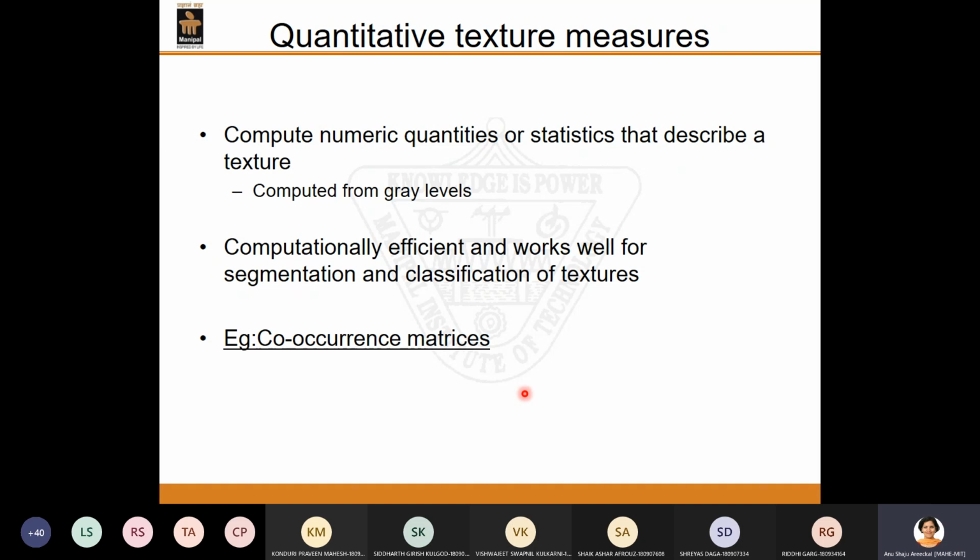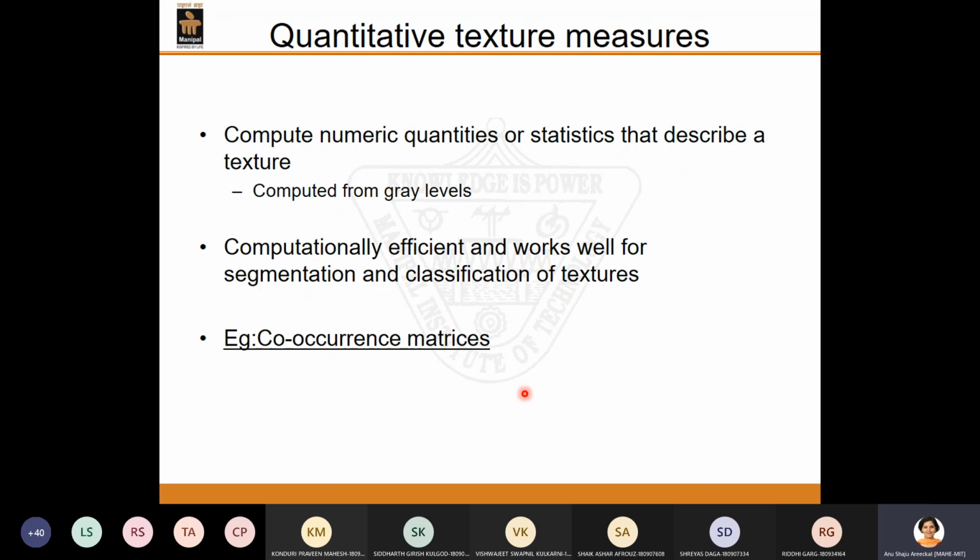So this was just an overview of the various quantitative texture measures that can be used to quantitatively analyze the texture in an image. Basically, it looks at a center pixel and also its neighborhood region, and tries to find the presence of a particular pattern.